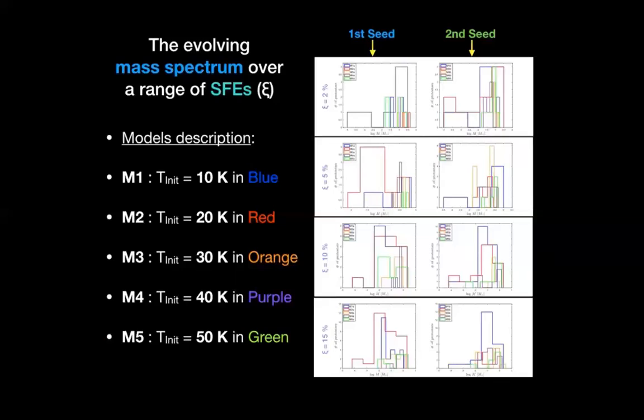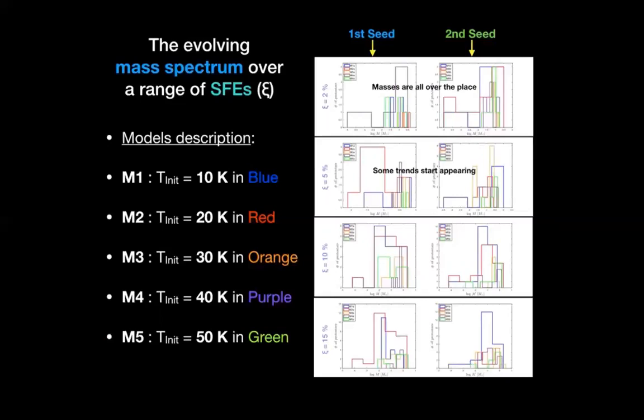So when we begin and reach 2% star formation efficiency, we see that there is not really a trend available. Regardless of whether it is the warmest core or the coldest core, the masses of the protostars are all over the place. There is no real trend there.